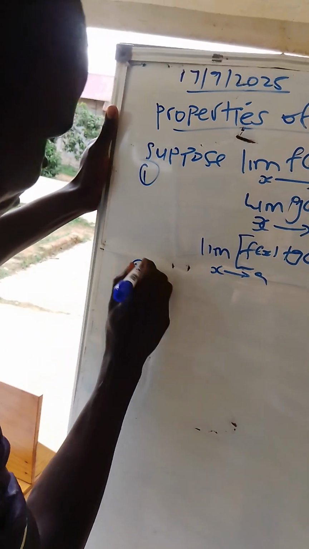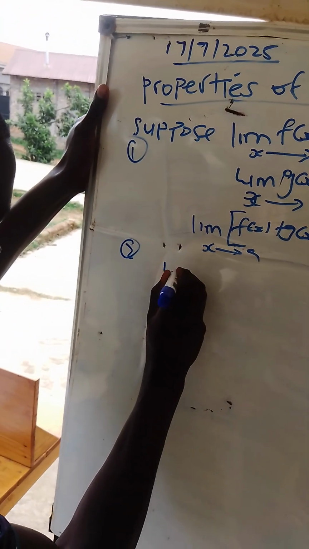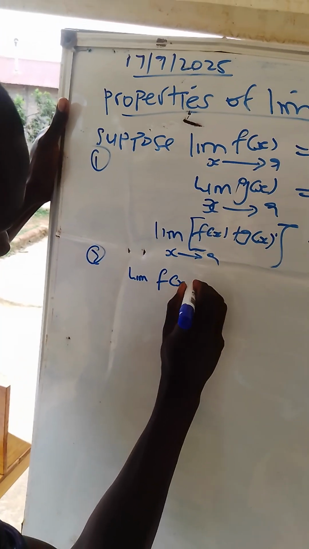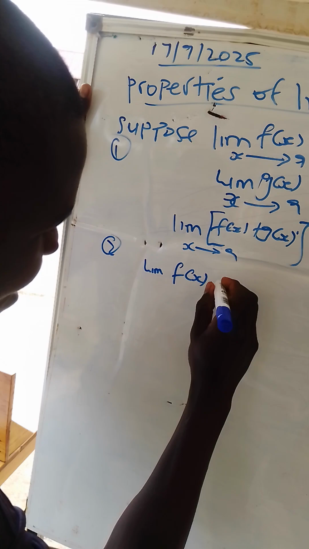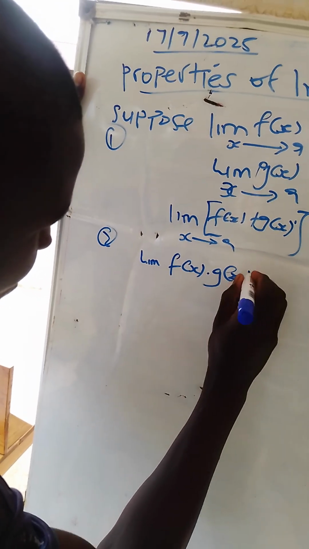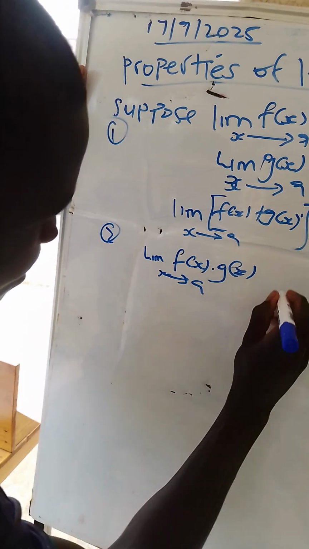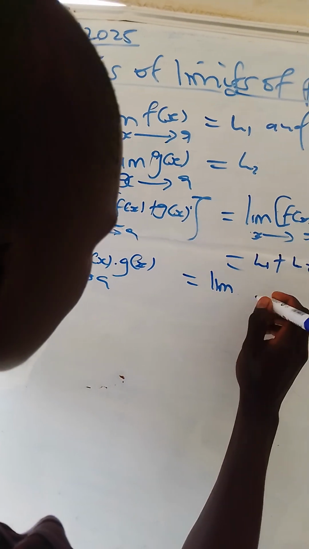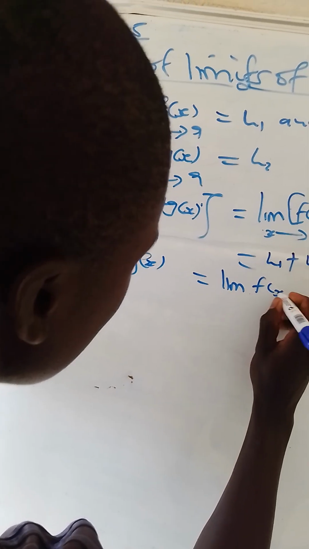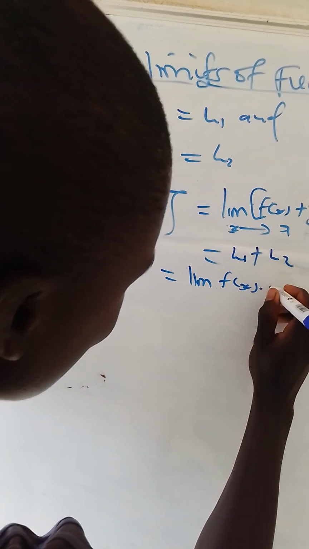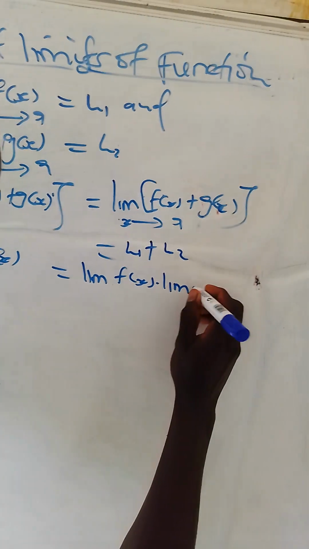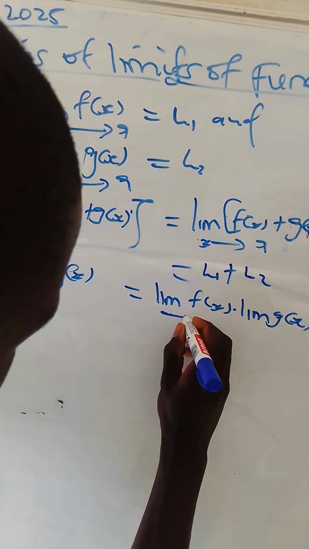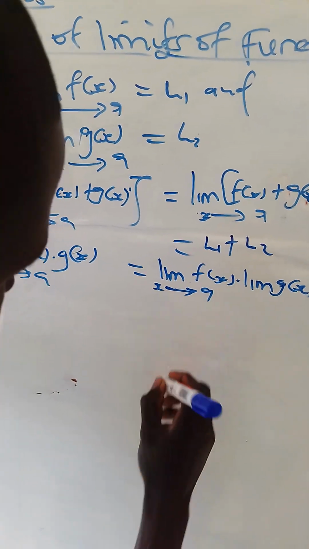Now we are going to look at the second property. The limit of our function f of x multiplied by g of x for x tending to a is written as the limit of f of x multiplied by the limit of g of x for x tending to a.